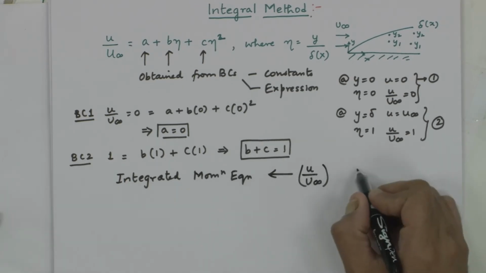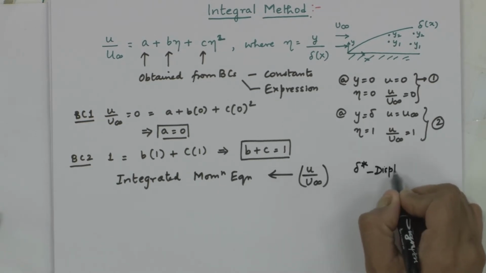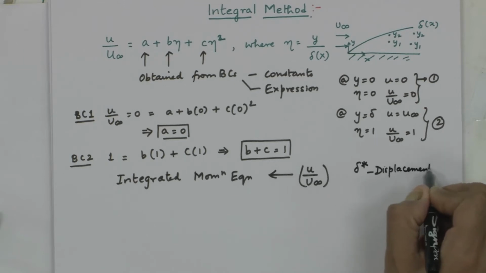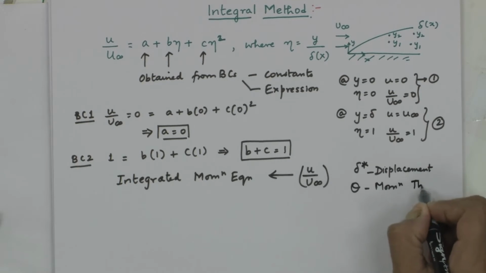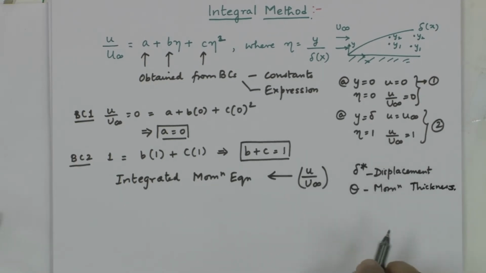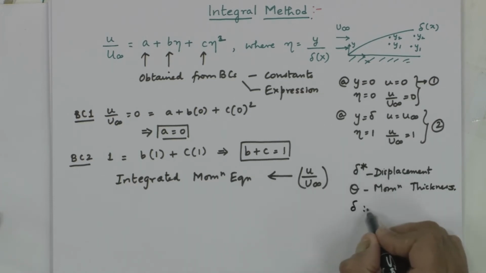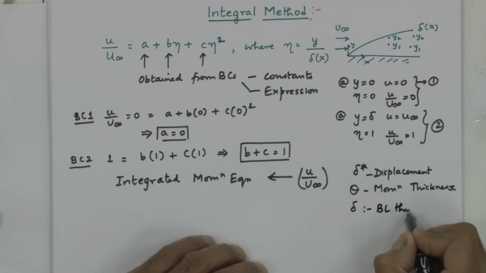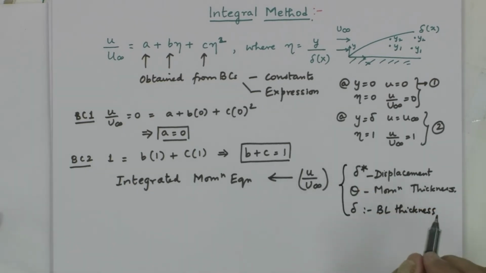There are integrated quantities like displacement thickness, we are going to define that, and momentum thickness, which will be appearing in the integrated momentum equation. So, you would have an ordinary differential equation in terms of boundary layer thickness, displacement thickness and momentum thickness.